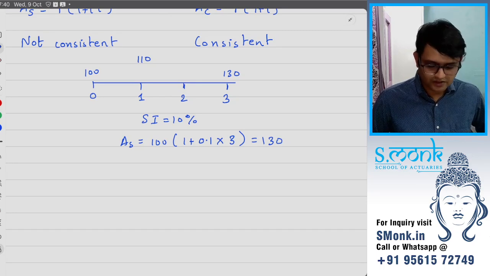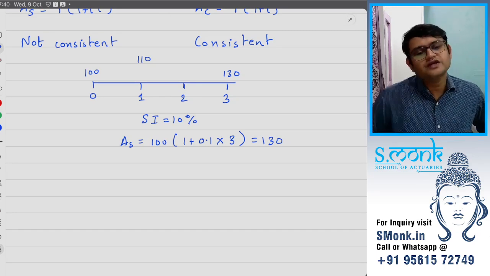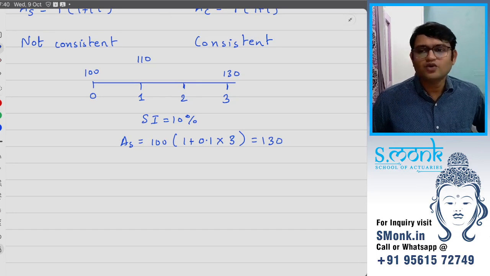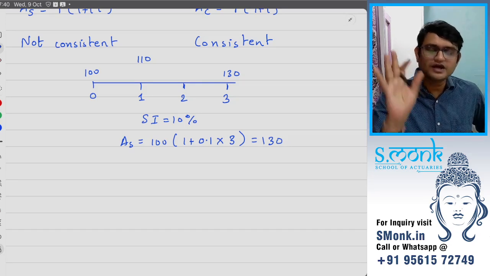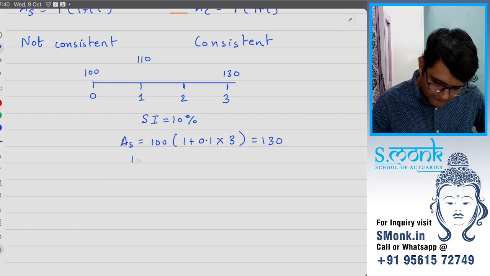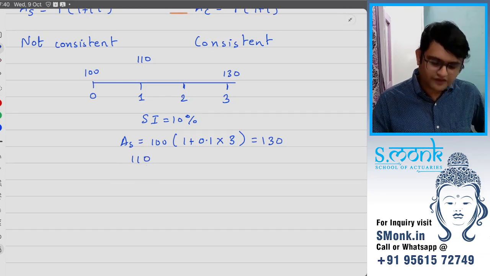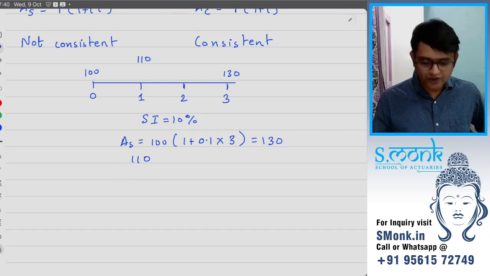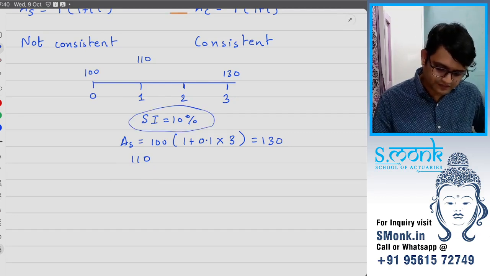Now after 1 year, let's say I require more money. So I come to you and you say, okay, I'll give you another 110 as loan. So you are going to give me this 110. After 1 year, I returned 110, and you gave me back this 110 again at 10% interest.